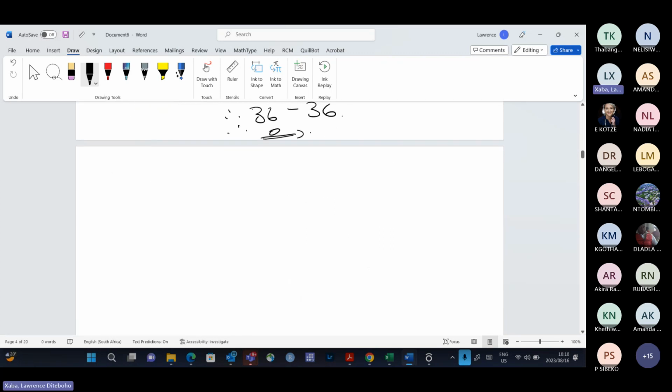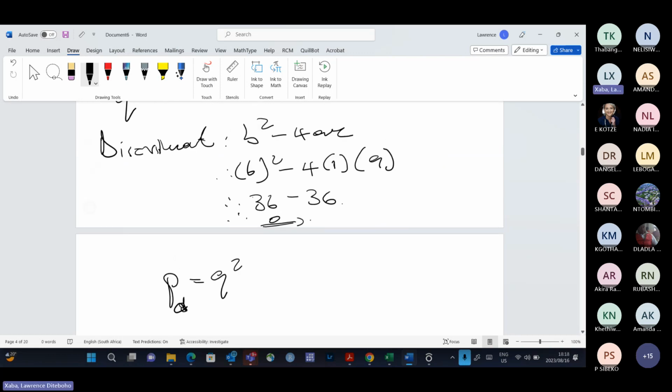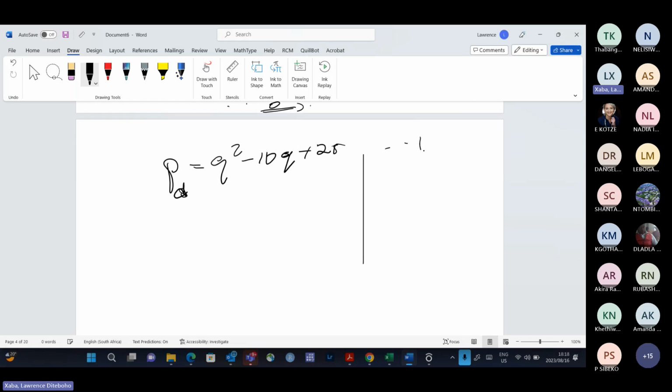So in this case, our equation P subscript D equals Q squared minus 10Q plus 25. This is the first equation. The second equation is P subscript S equals Q squared plus 6Q plus 9.